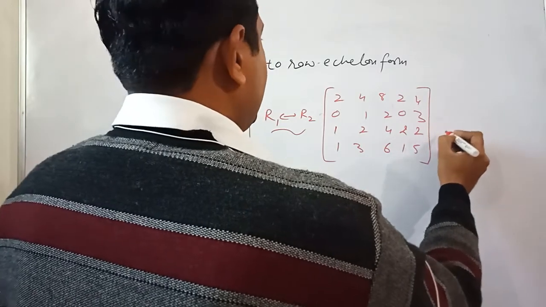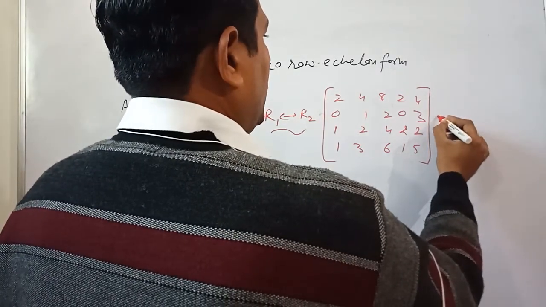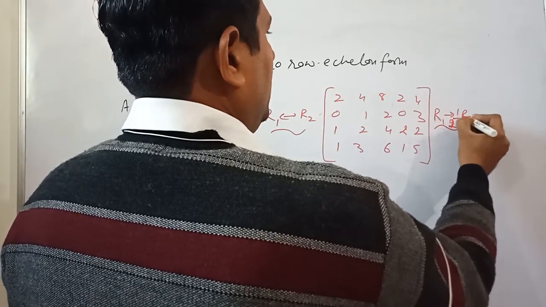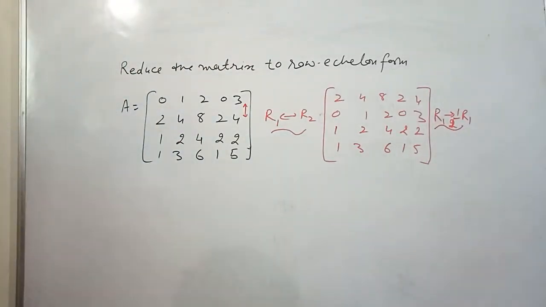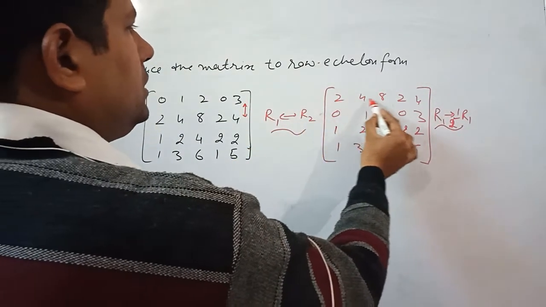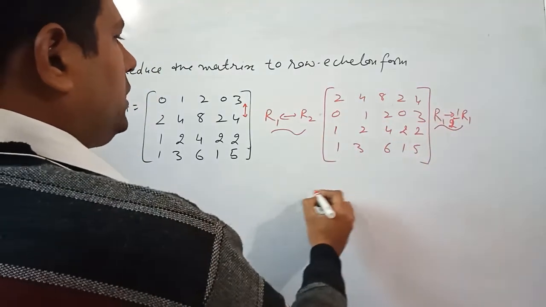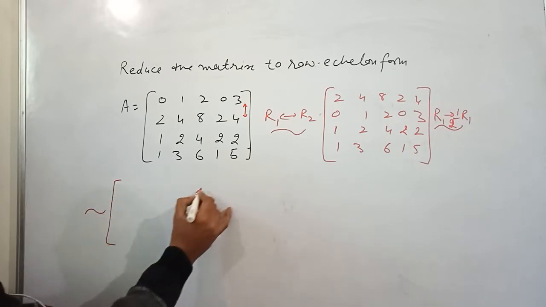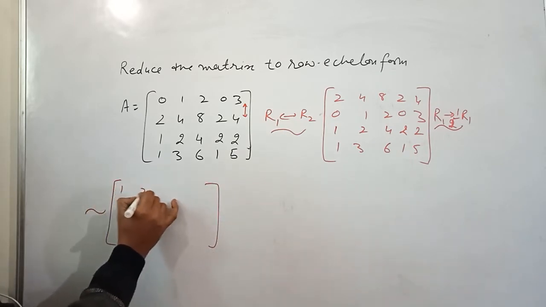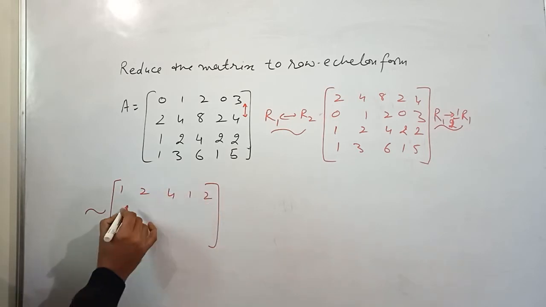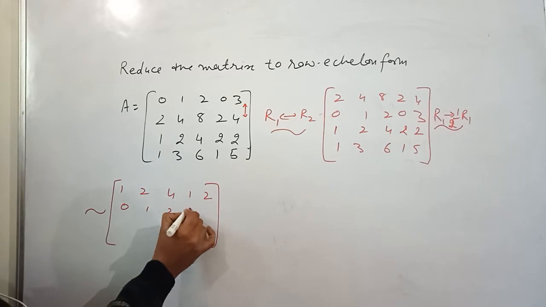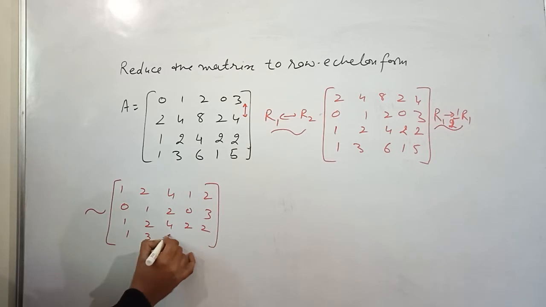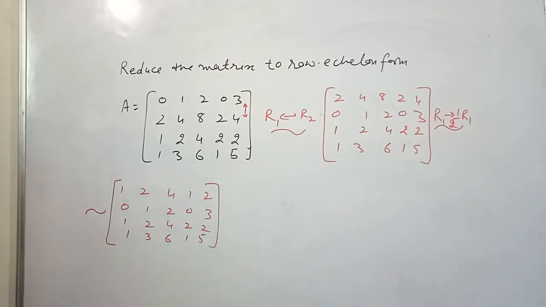So applying R1 times 1 by 2, we are going to divide this row by 2. So we get, I am writing down here, 1 2 4 1 2, 0 1 2 0 3, 1 2 4 2 2, 1 3 6 1 5.